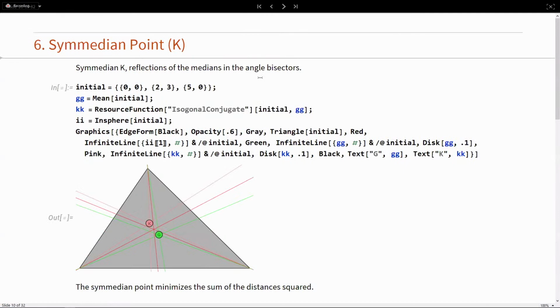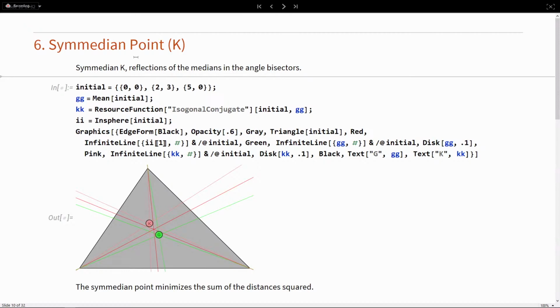There are a few more that I will include, the 6th point, the Symmedian point. For a triangle, it's the reflections of the medians in the angle bisector. So if we take the centroid here and we reflect lines through the angle bisector, we get this new point here, K, where all the lines meet.